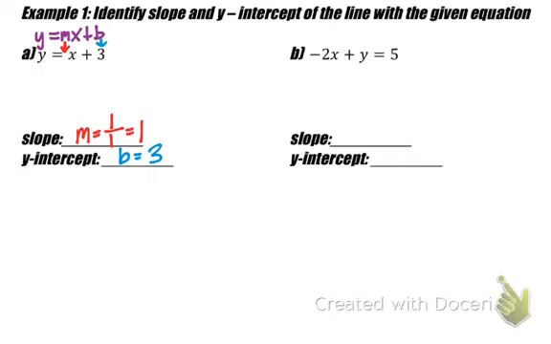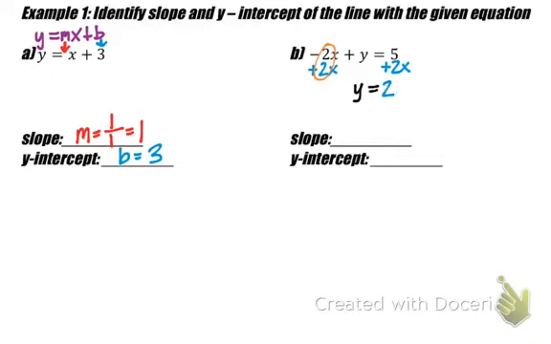In B, we have negative 2x plus y equals 5. Again, let's write down the slope-intercept form of a line. Is this equation written in slope-intercept form? I think not. We need y set equal to the rest of the equation, so I'm going to add 2x to both sides to get y all by itself, zeroing out the 2x's.